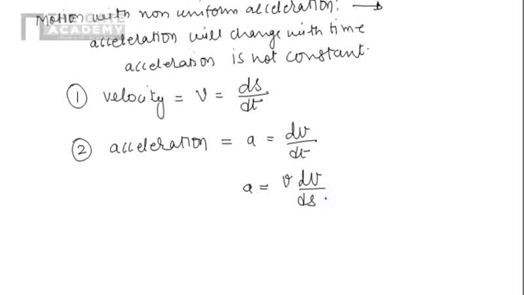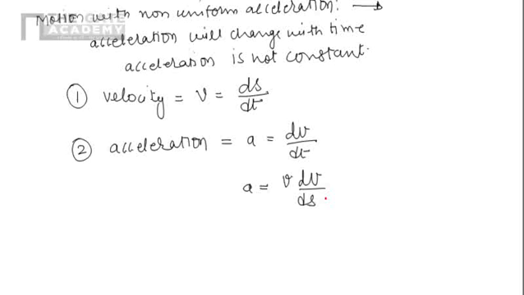And here we will talk about instantaneous velocity and instantaneous acceleration, because at each and every instant the velocity and acceleration will vary. So in case of motion with non-uniform acceleration, we are interested in instantaneous velocity and instantaneous acceleration.